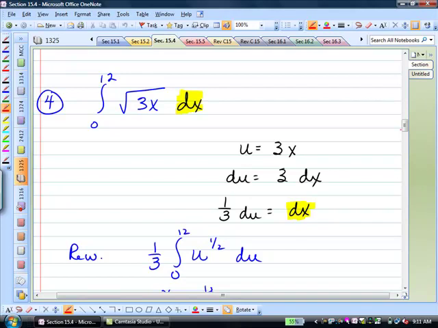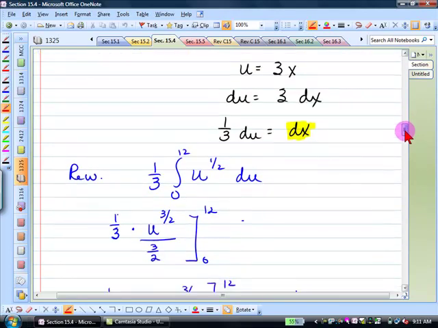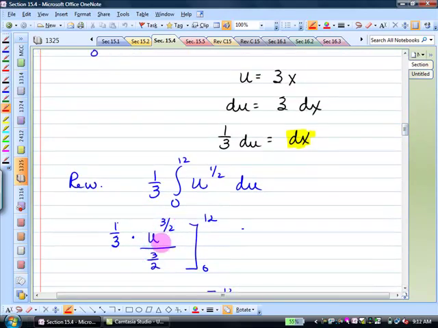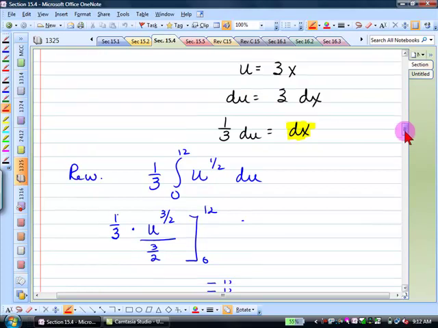What's the integral of u to the 1/2? U to the 3/2 over 3/2. So we have 1/3 times u to the 3/2 over 3/2. What happens to that 3/2 on the bottom? Flips and multiplies up here.